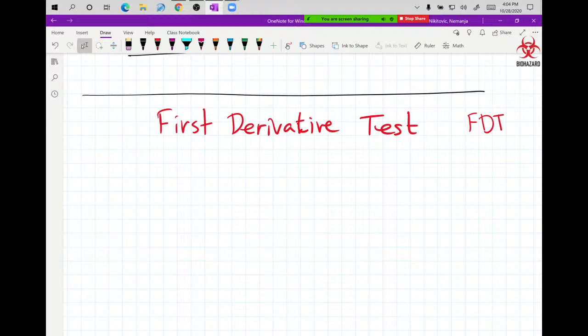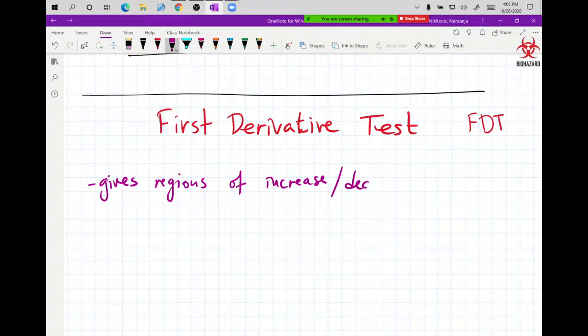So let's go with, I guess, this gives regions of increase slash decrease. It also gives min max.